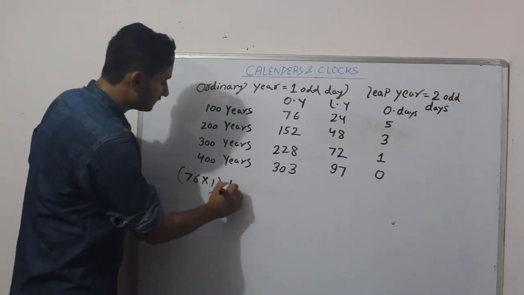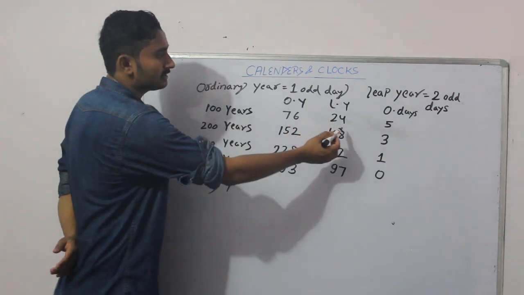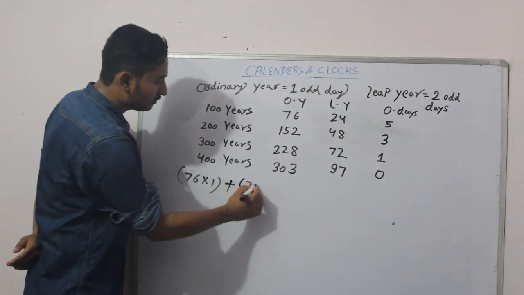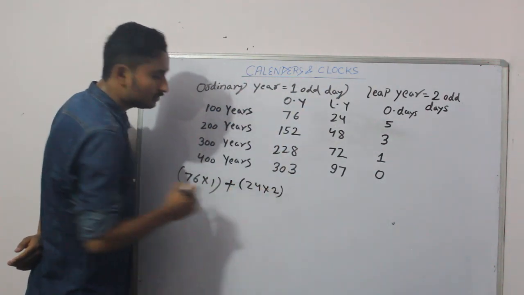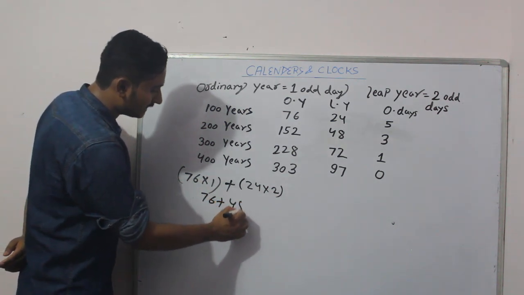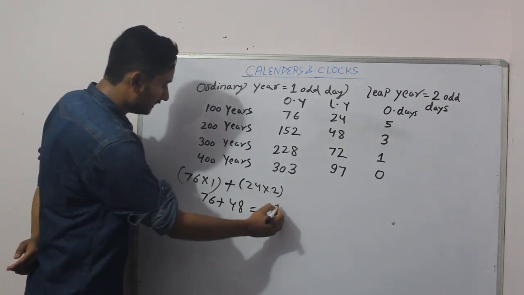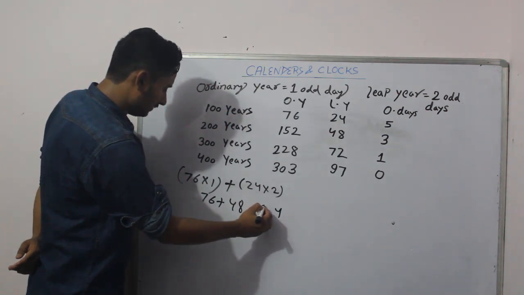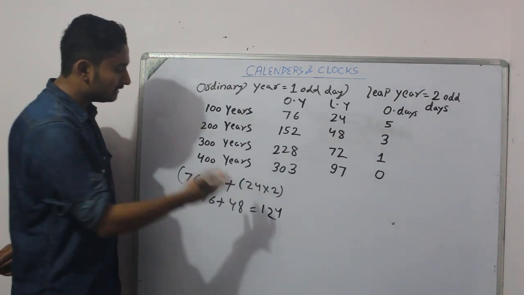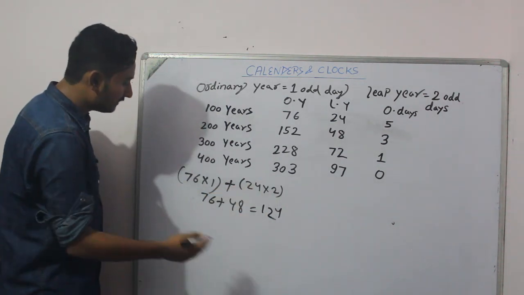Plus, we have 24 leap years, and 1 leap year contains 2 odd days, so we have 24 into 2. So this will be 76 plus 48, which is 124.